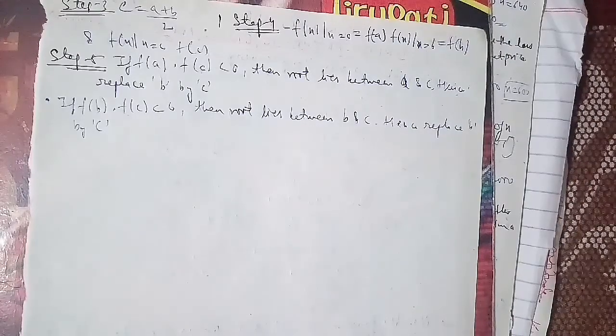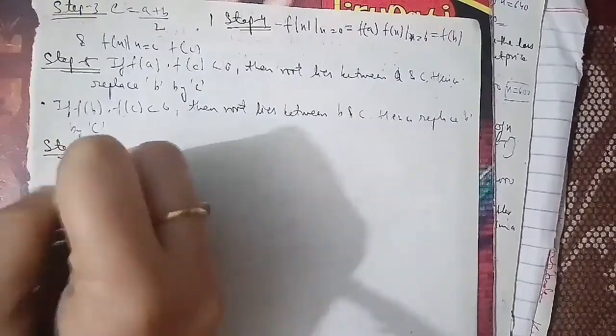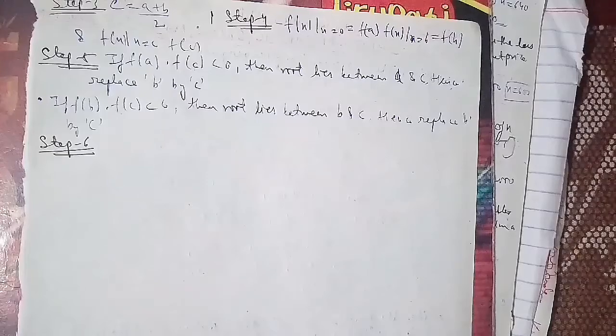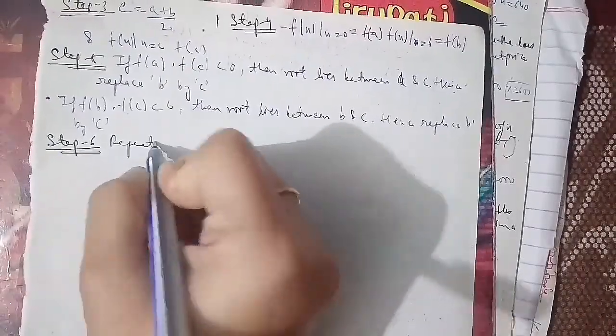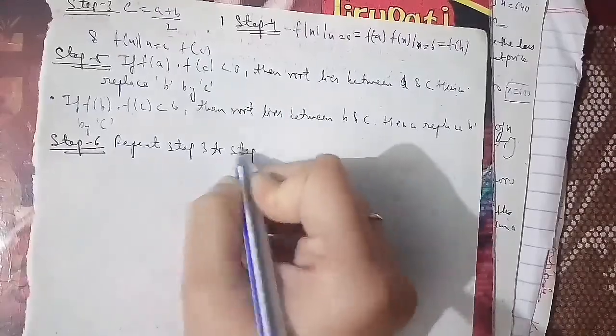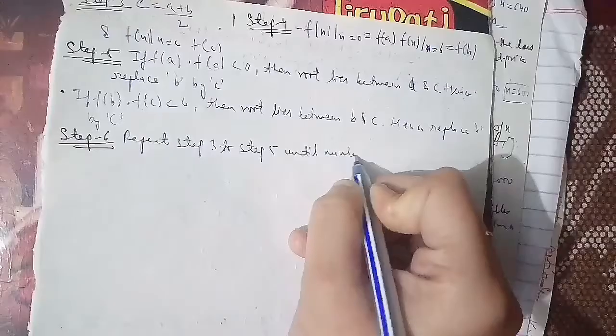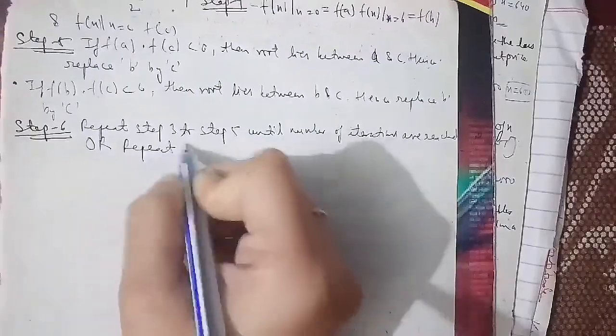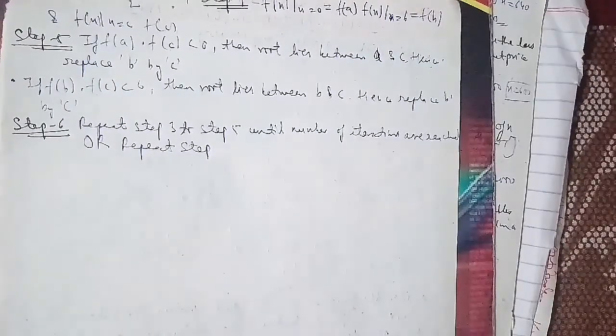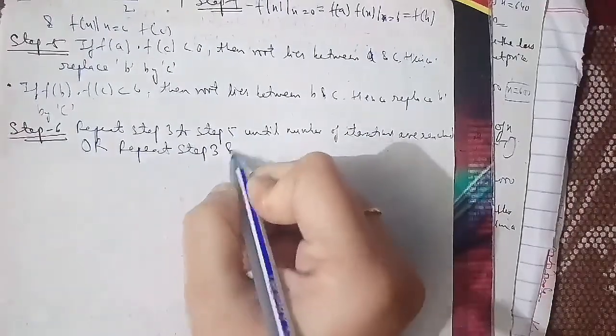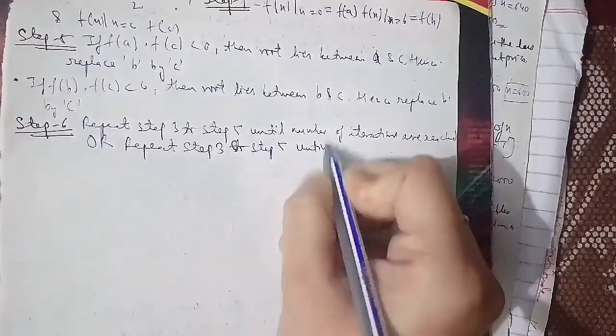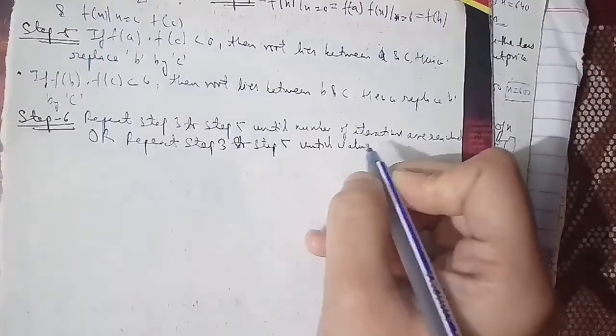So for step 6, repeat step 3 to step 5 until the number of iterations are reached, or repeat step 3 to step 5 until the value of c repeats up to given significant digits after decimal point.